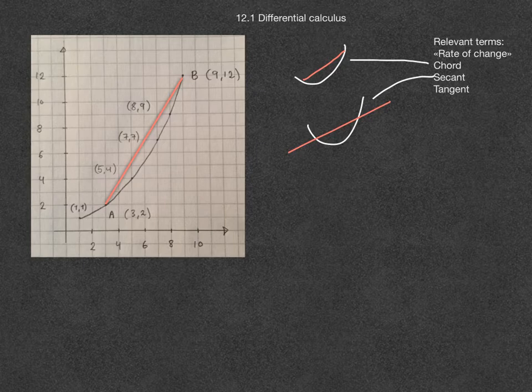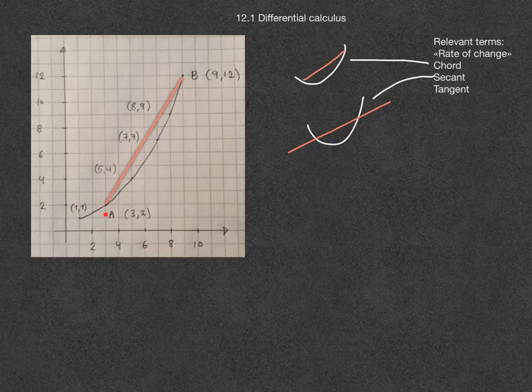So we've drawn a chord here from A to B, and we could find the gradient for this straight line, and we know how to do this. We have 2 points here. We have A, which is the point 3 and 2, so 3 on the x-axis and 2 on the y-axis.